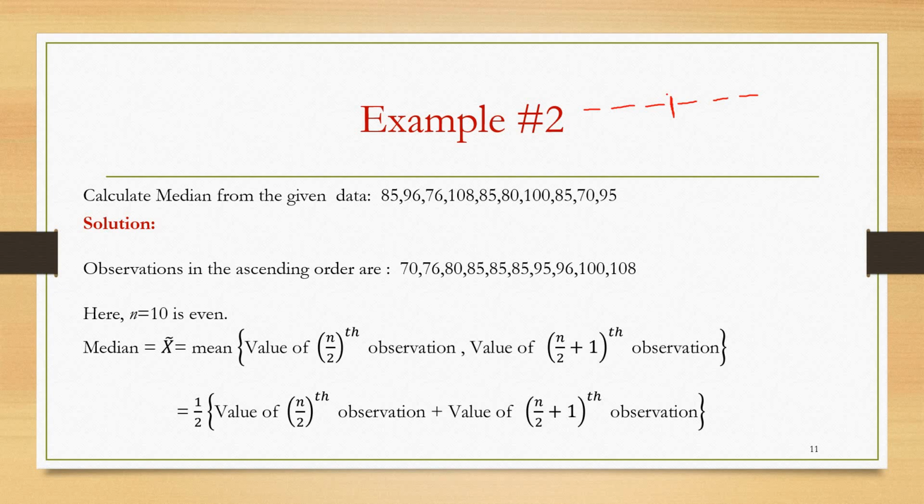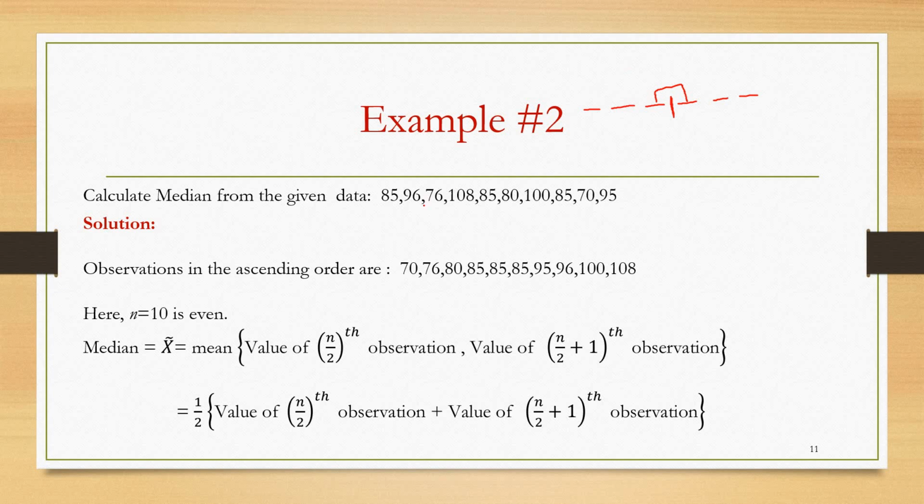This is actually the center of these two values. So how will we write it as a formula? We know it is the mean of the n by 2th value, this value, and the n by 2 plus 1th value, the very next value. Mean of these two values.